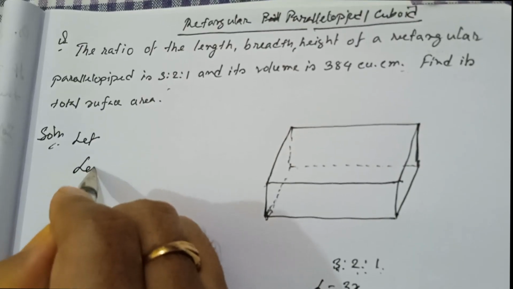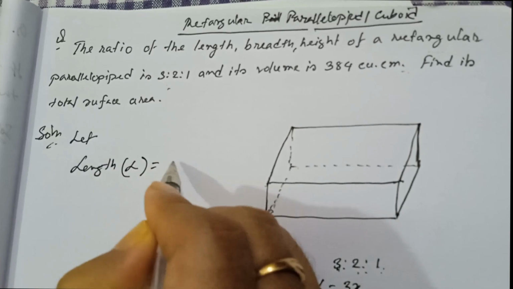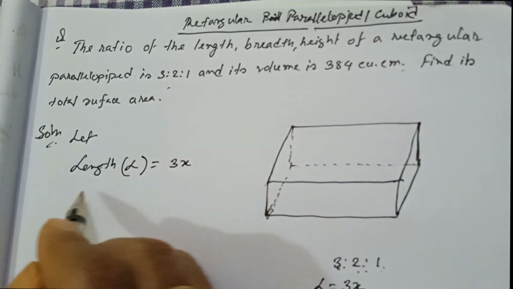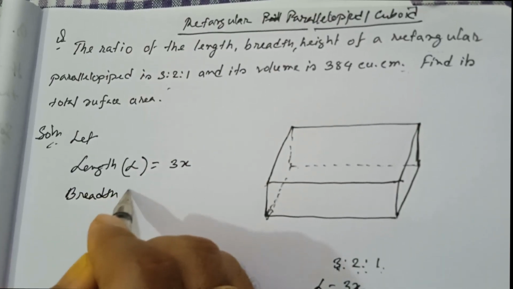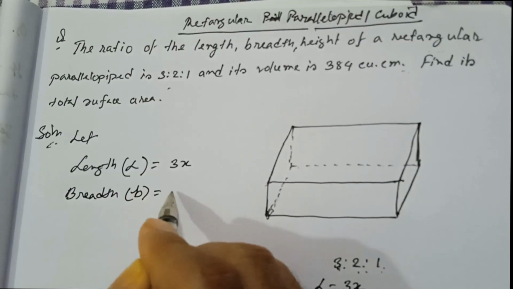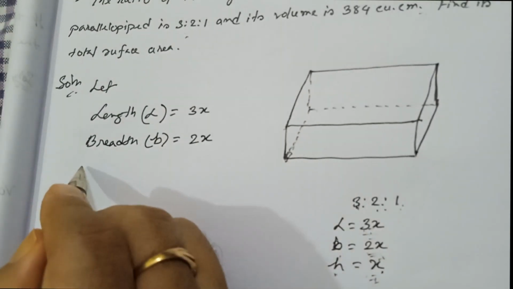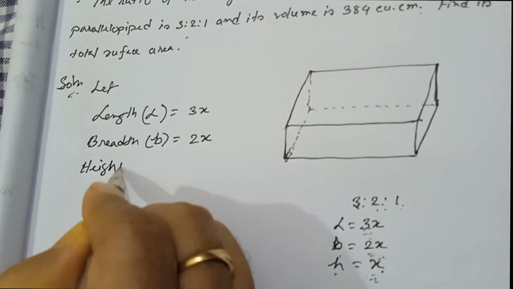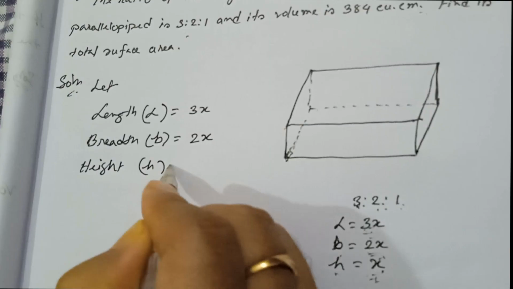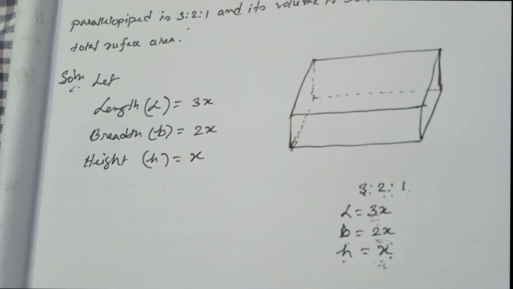Let length L be 3x, then breadth B is 2x, and height H is simply x.